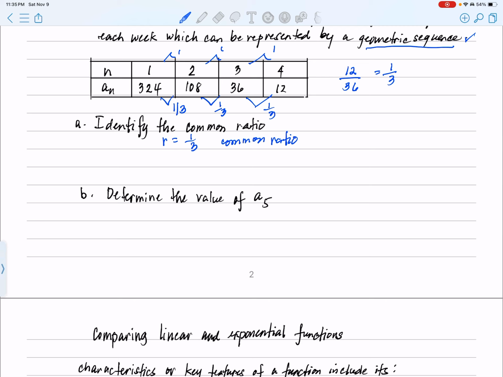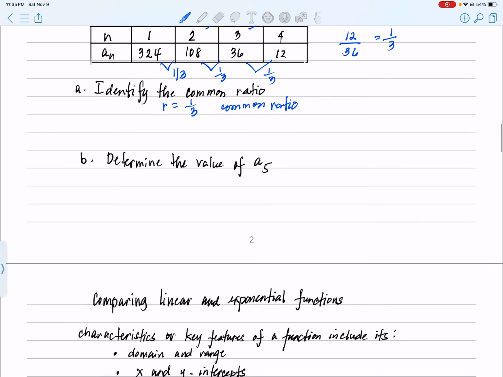So what will be our recursive formula here? A sub n is 1/3 times a sub n minus 1.